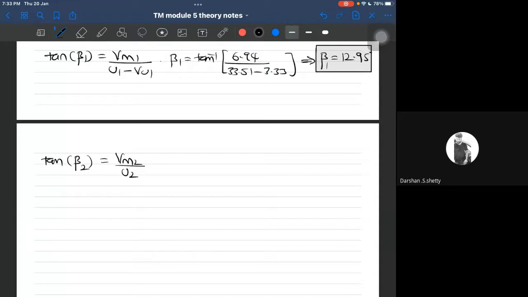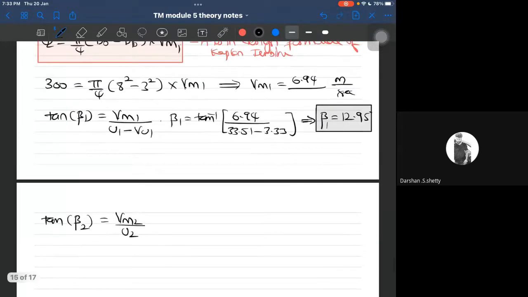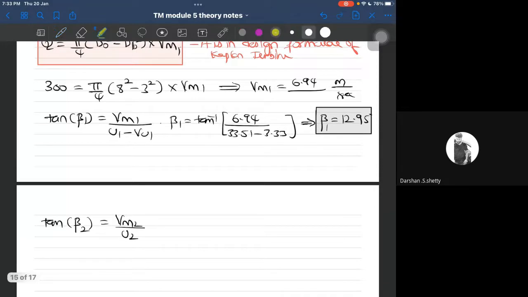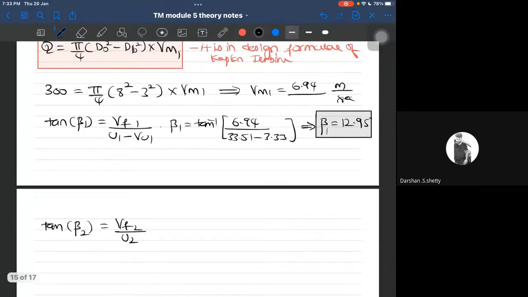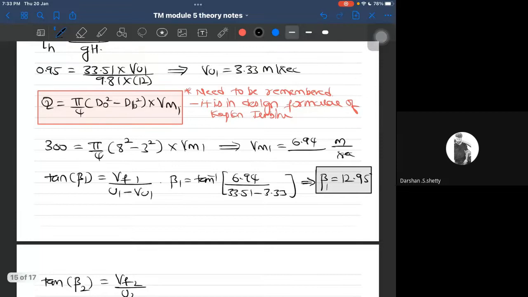And one mistake I have done, guys. All the things you have written, all this Vm is Vf, not Vm, because Kaplan turbine is an axial flow machine. For radial flow, you are supposed to use Vm. For axial, you have to use Vf. So I'll just change all this to Vf.